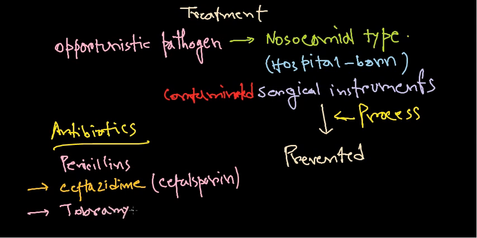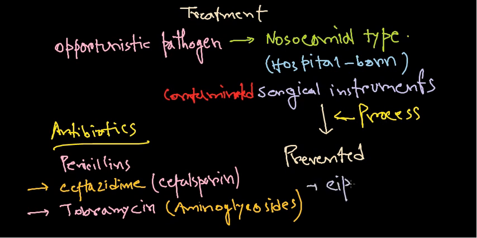If you're wondering which group tobramycin comes from, it is a type of aminoglycoside. And also we can use ciprofloxacin from the fluoroquinolones. So we can use all these different types of antibiotics to treat if the infection is onset.